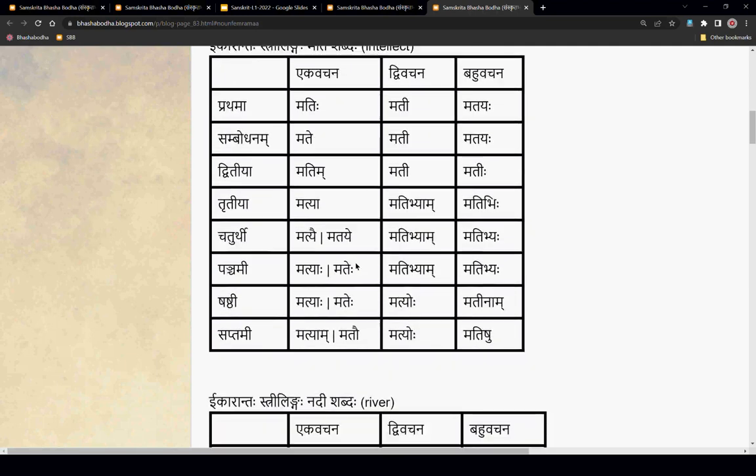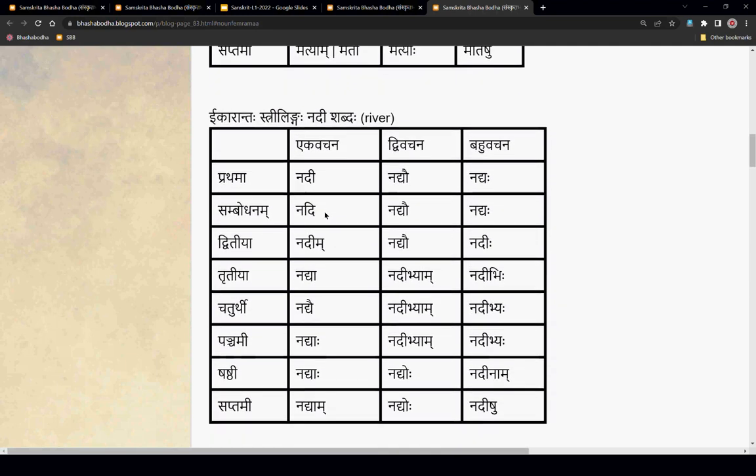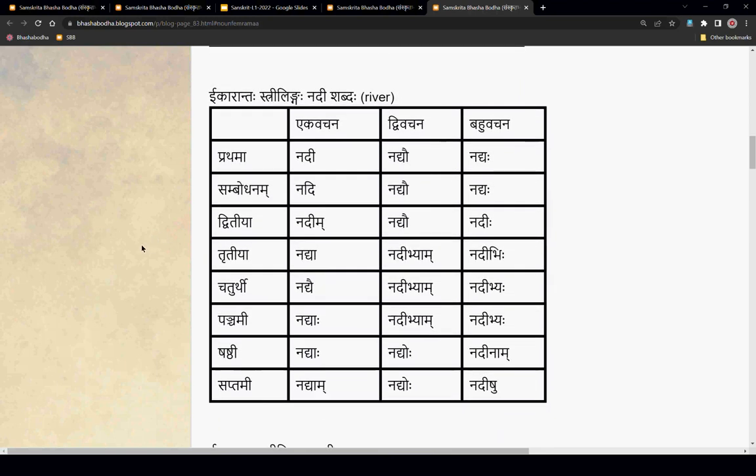Then Dirghikanta Nadi, like Nadi we have many, like Bhanumati, Saraswati, what else? Parvati, all those. Dirghika Ikaranta. So then you have Chaturthi Bhakti, like Nadyai, Parvatyai, Saraswatyai.